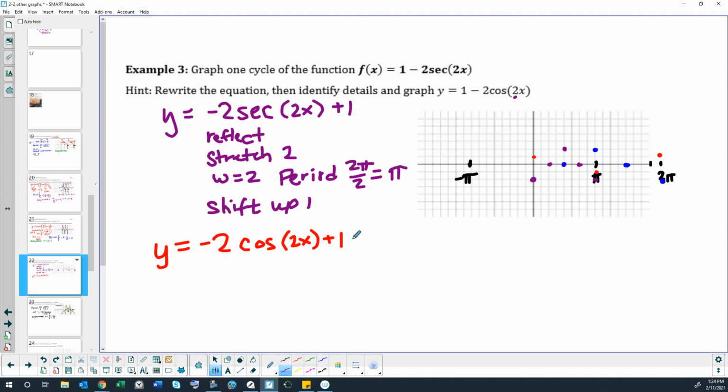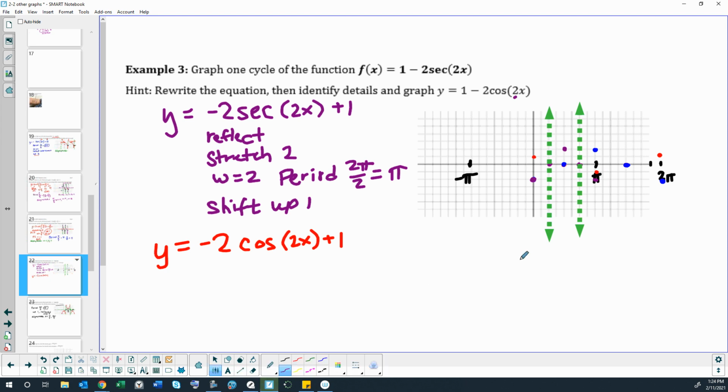Okay, at this point, we're going to stop and put asymptotes in, because we have to remember we're graphing secant. So secant is going to have asymptotes anywhere that this cosine graph crosses the x-axis. So there will be an asymptote here and an asymptote here. Where are those located? If this is pi, where are those asymptotes?